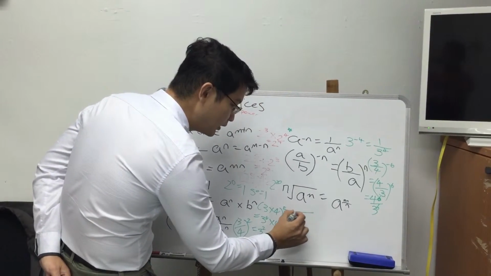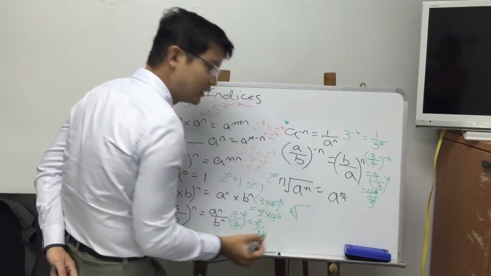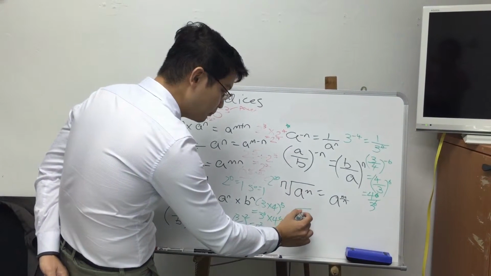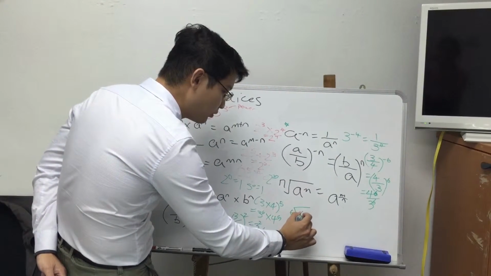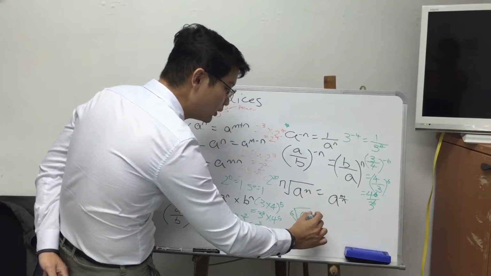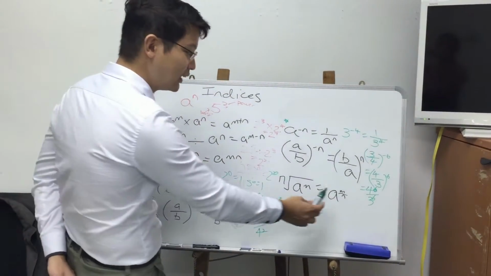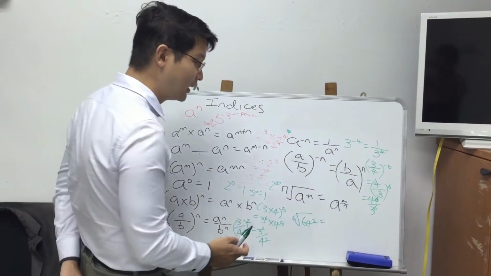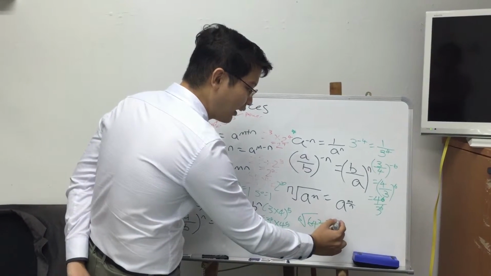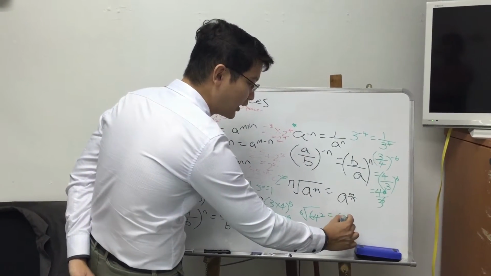For example, the 6th root of 64 to power 2. How do you represent this in terms of a fractional index? You will write it like this.